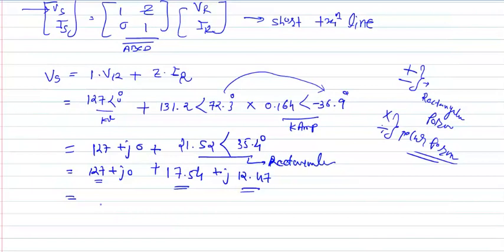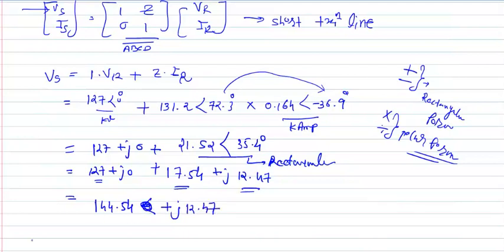So what is the answer? 127 plus 17.54, so the answer is 144.54, plus j0 plus j12.47.